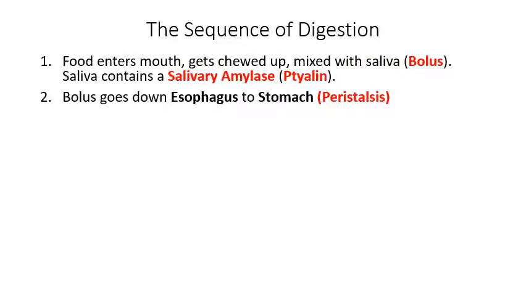All right, now when we swallow the food, it goes down the esophagus to the stomach using a type of pumping action called peristalsis. Peristalsis is a common form of movement of things through the alimentary canal. And remember that the alimentary canal, the esophagus, the stomach, the intestines, is a long continuous tube that is surrounded on the outside by smooth muscle.